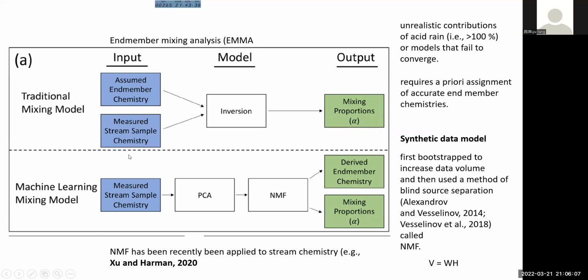So in normal end member mixing analysis, or EMA, which is commonly used by people in groundwater chemistry, the inputs are the assumed end member chemistry and the measured stream sample chemistry. So these two are the inputs, and this is an inversion model. In this model, the ultimate output is the mixing proportion.